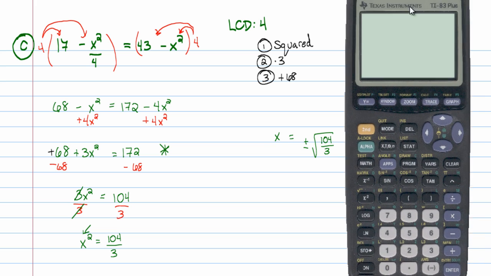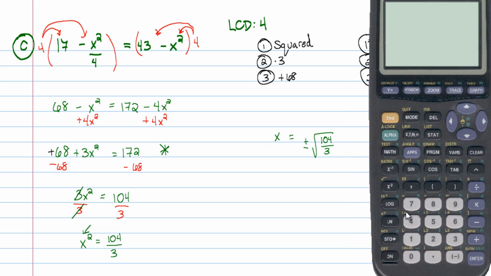By the way, I might as well just show you, if you're asked to find the approximate, not the exact, solution, you would, if you have a graphing calculator, hit the second button to access your second menu, and you see the square root button is right above your x squared button. So if you hit that, you get the square root, and you can just type in 104/3. End that parenthesis.